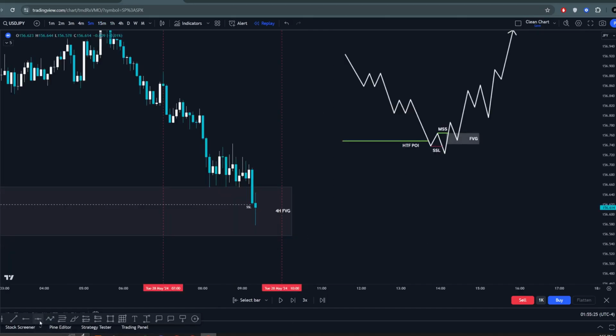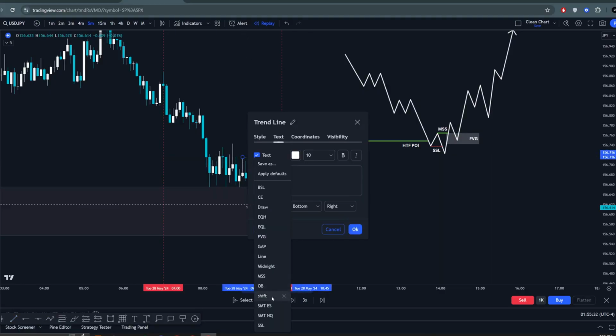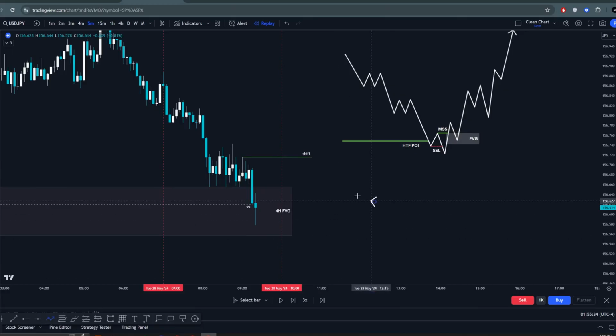Looking at the 5-minute time frame, we have here our market structure shift. Let's mark it out. This is the last swing high that has taken out a liquidity.